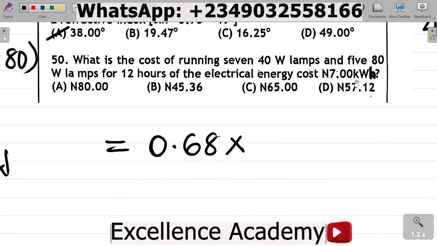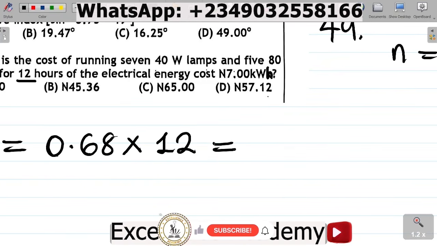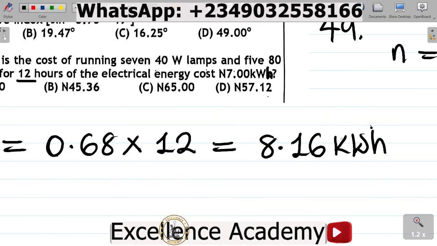Kilowatt hour means multiply the power, kilowatts, times the time, hours. So that's equal to 0.68 times 12, which is 8.16 kilowatt hours.